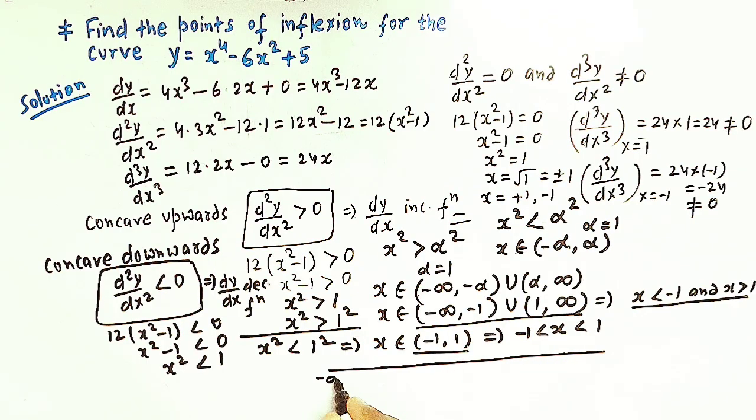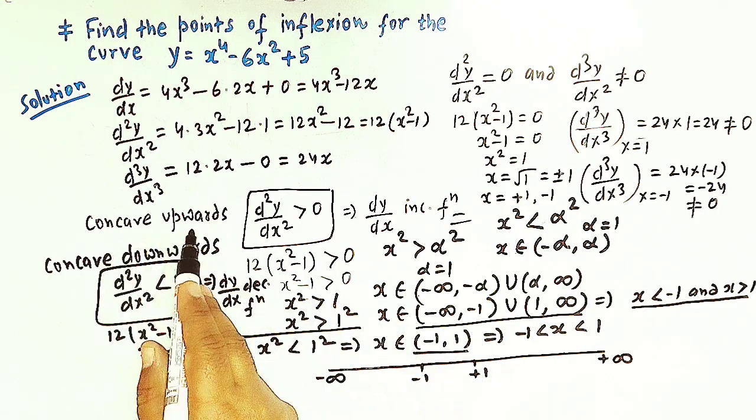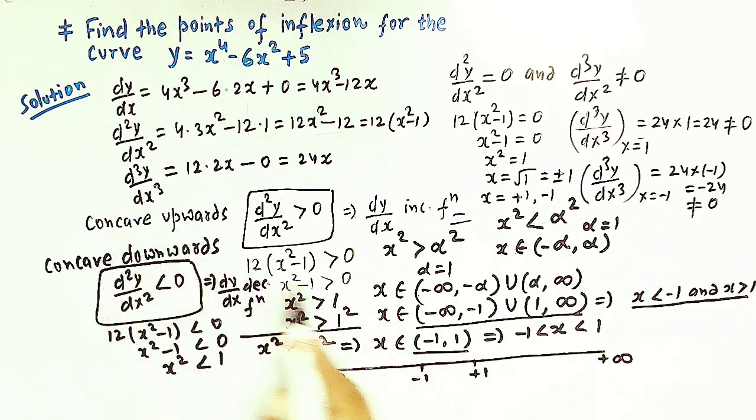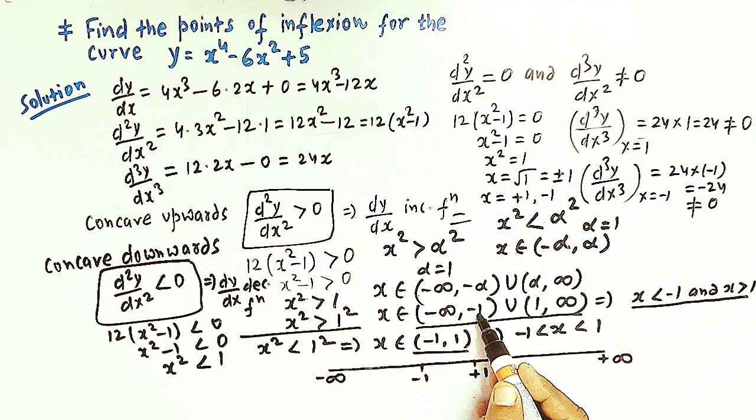So here we have minus infinity, here we have plus infinity, and here we have minus 1, and here we have plus 1, right? So we see that the function is concave upwards when x belongs to minus infinity to minus 1. So in this region, the function is concave upwards, right?